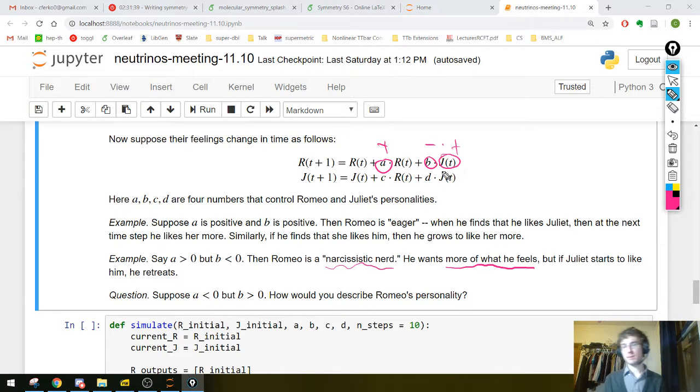So the nerd, upon seeing affection from a girl, runs away. He retreats and likes her less. Alternatively, if Juliet hates him, then negative times negative is positive, and he starts to like her. So the nerd somehow likes cruelty, or I don't know. I don't know what to say.